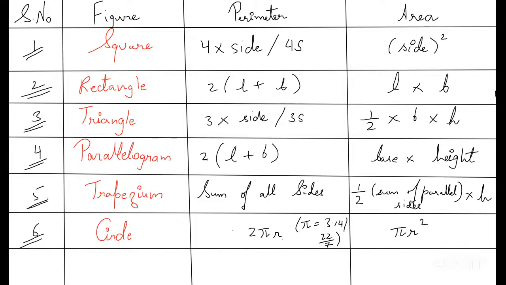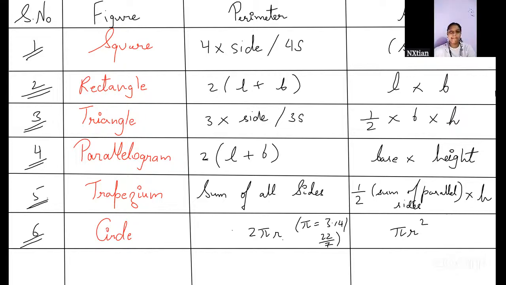But majorly in our syllabus, only these figures are there for finding the perimeter and area. Rhombus is not there. Kite is not there. Other figures are also there, regular polygons like pentagon, hexagon, but we don't have them.